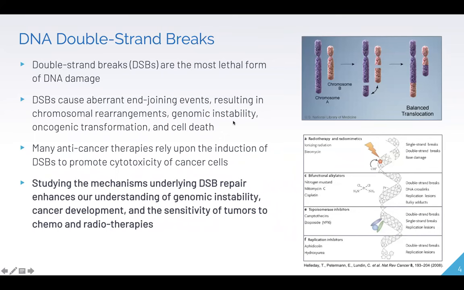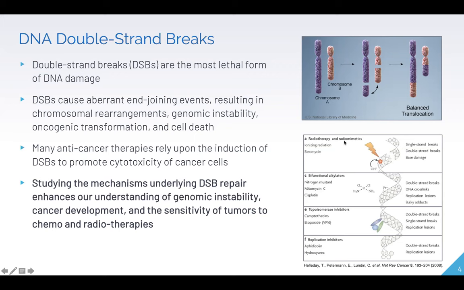So the focus here then is to look at some of the inappropriate ligation steps between different breaks that can be happening when you have an extensive amount of these DNA double-strand breaks in the cell. And these could be inflicted by many different forms of agent, as we mentioned.